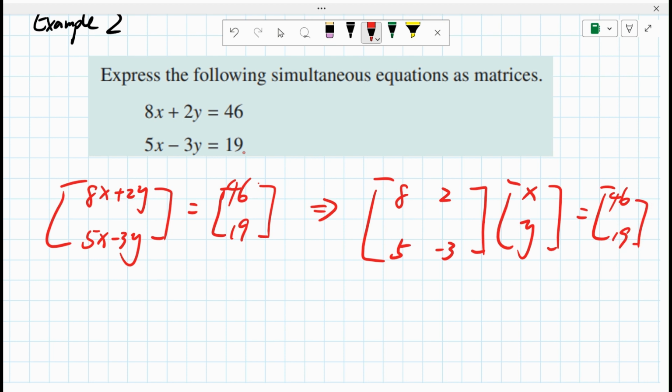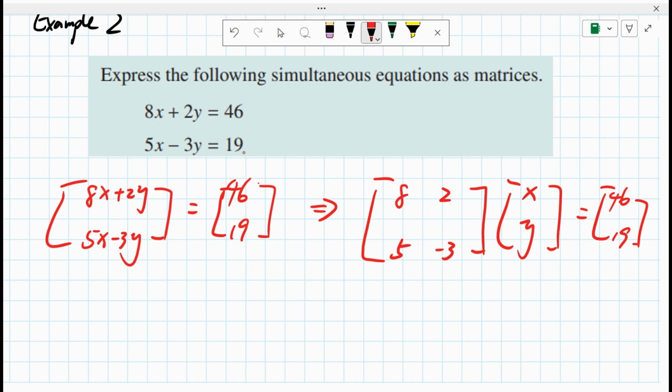We could just leave it as the matrix equation.